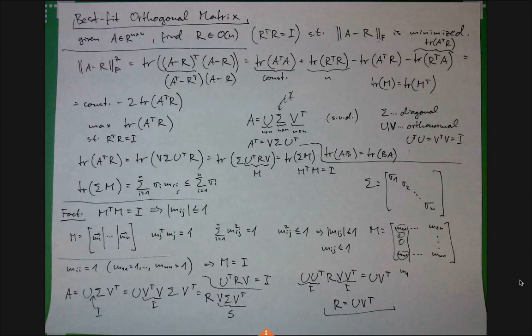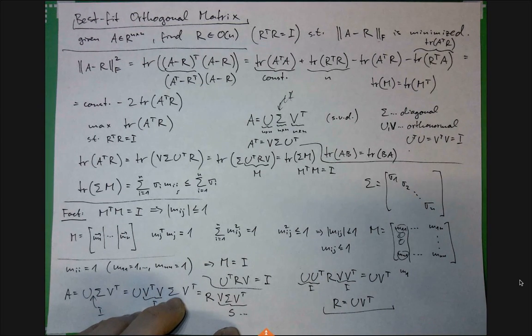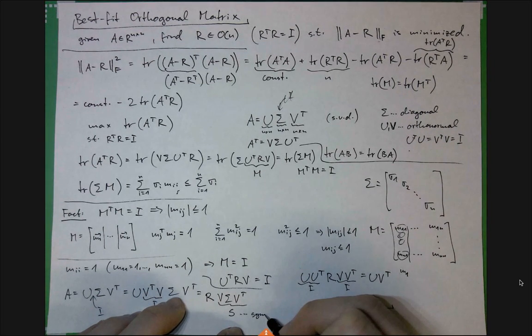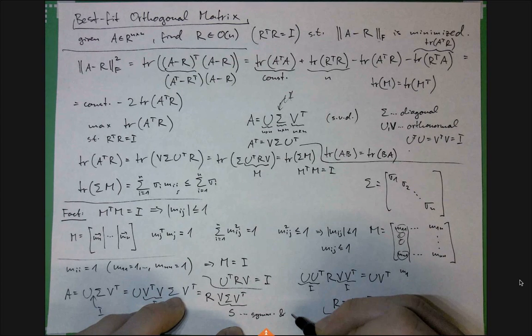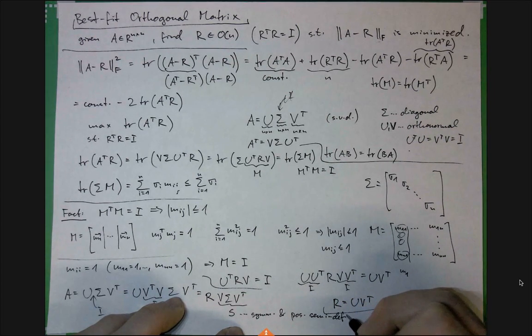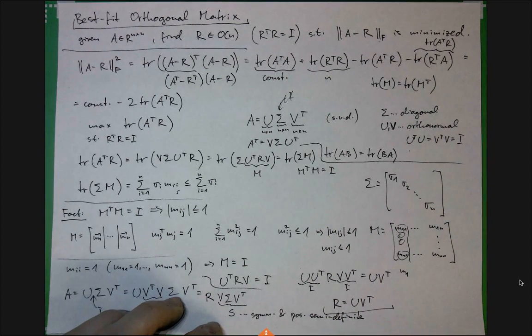And this V sigma V transpose can be called S. And the interesting thing about S is what? S is clearly symmetric and positive semi-definite, right? Sometimes it's called the stretch factor because it's pure stretching without any rotation.